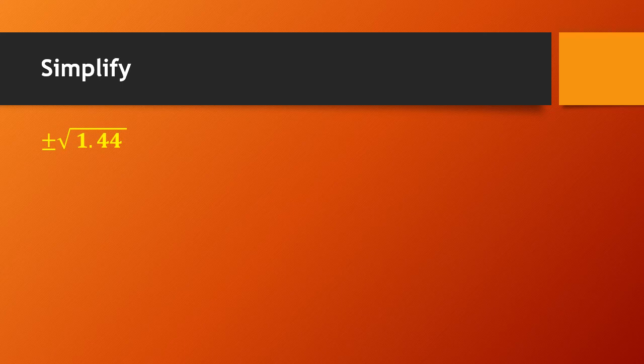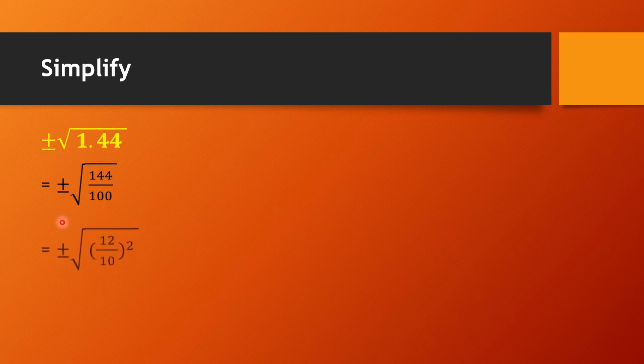Positive or negative square root of 1.44. 1.44 is 144 over 100. So it equals positive or negative square root of... 144 equals 12 by 12 and 100 equals 10 by 10.